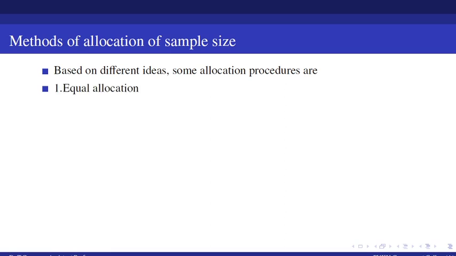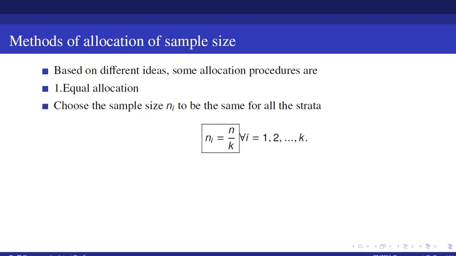Choose the sample size small ni to be the same for all the strata. Draw samples of equal size from each stratum. Let small n be the sample size and k be the number of strata. Then ni is equal to small n by k for all i equal to 1 to k.